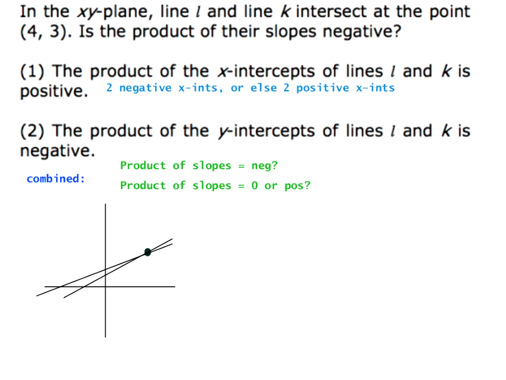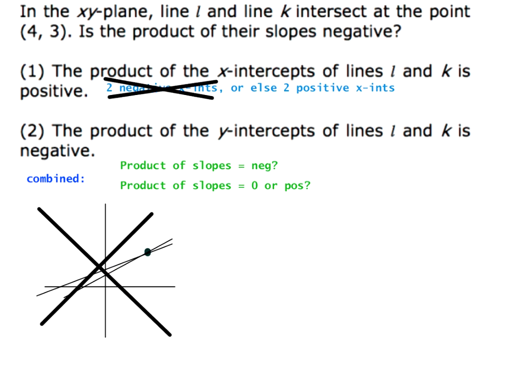This is not going to work because if your x-intercept is over there and you have to hit this point, somewhere in there you're going to have a positive y-intercept, both of them will. So if you combine the statements, this is not possible. So that means you've got to have this.